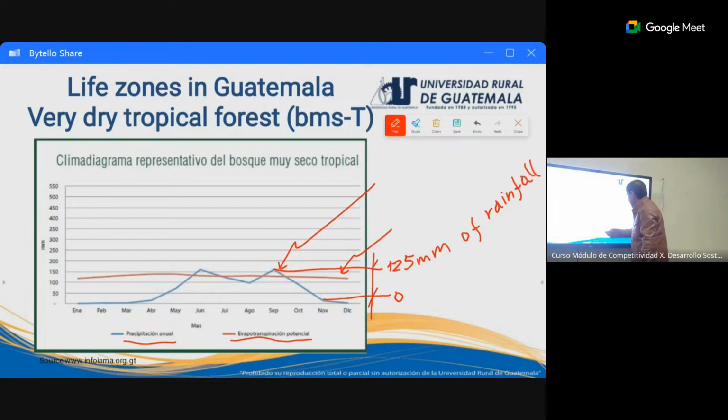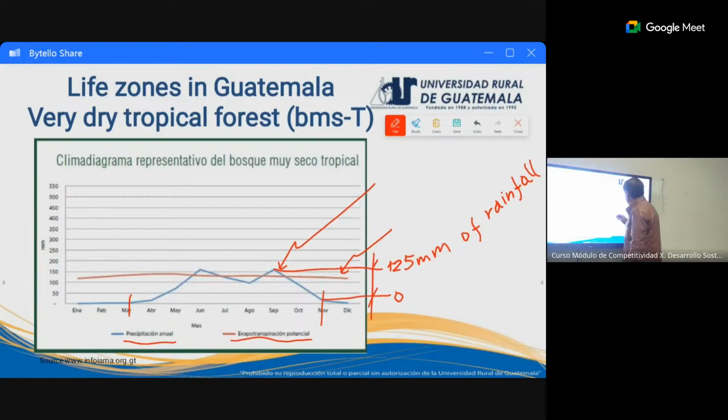So this is the amount of water that we have from March to November here. Okay, this is the amount of rainfall, and we only have like this value.